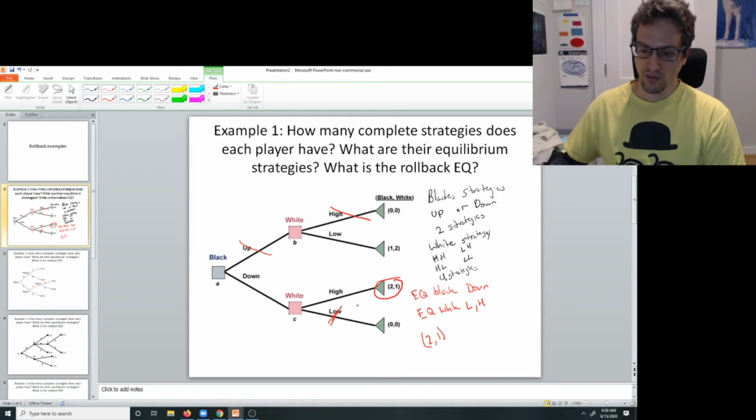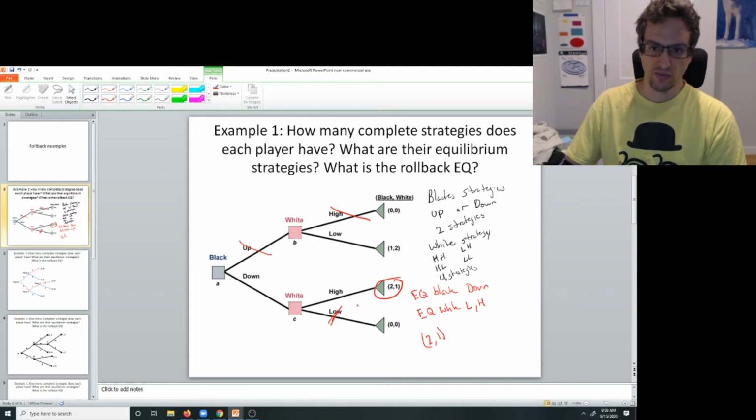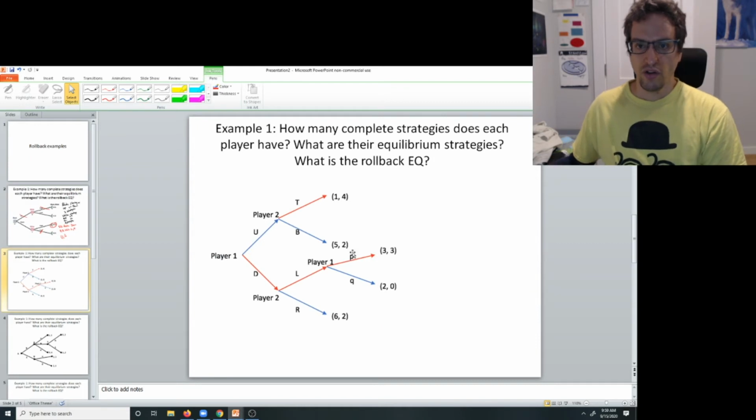All right, let's go to a slightly more complicated one here. A few new nodes. Again, we start with how many strategies. Player 1 has up, down, 1 node, and they have P or Q. So they could go up P, down P, up Q, or down Q. So they have 4 strategies.